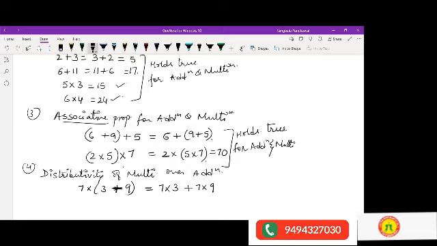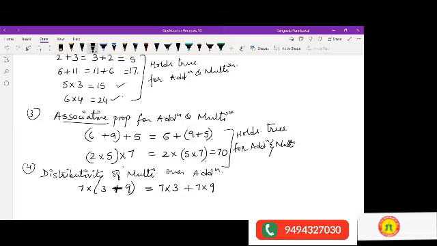That if I have any number multiplied by the addition of two numbers, it will be equal to the first number multiplied by the second number and then the first number multiplied by the third number. Are you understanding? Yes, ma'am. Okay. So this is distributivity of multiplication over addition.